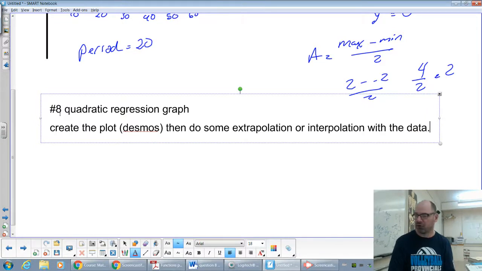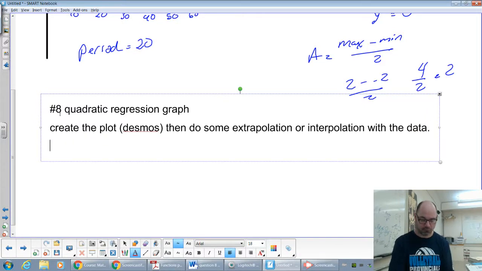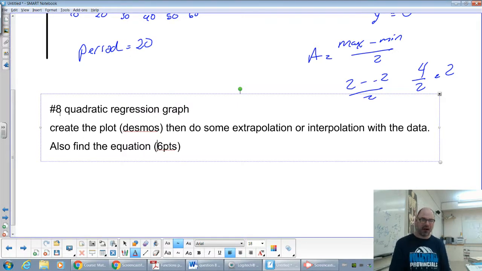Okay, and you also have to find the equation. Okay, so that would mean a 6-pointer. And that's our graph. That's our equation, our exam. Okay, couple of graphs, one linear, one quadratic.